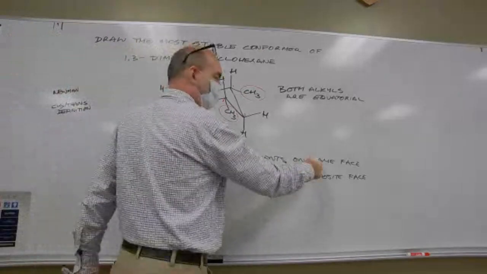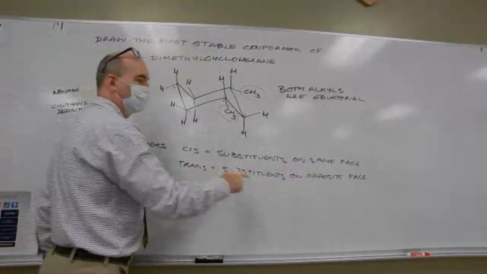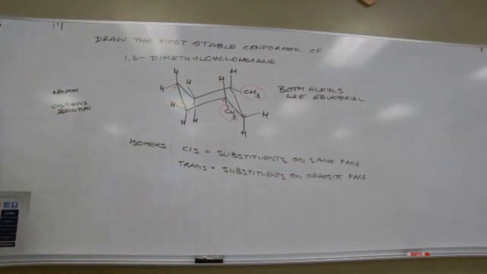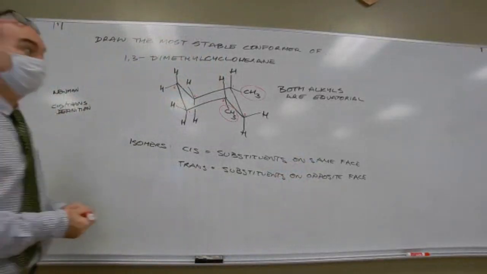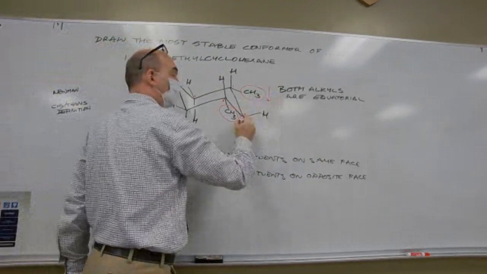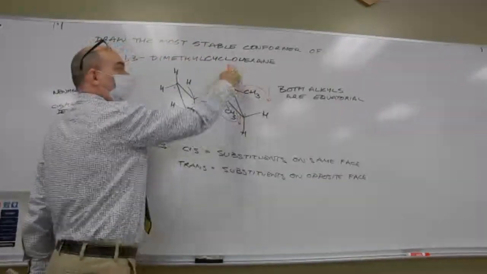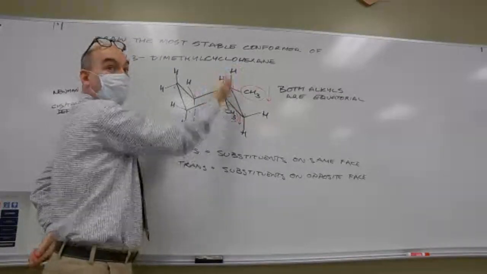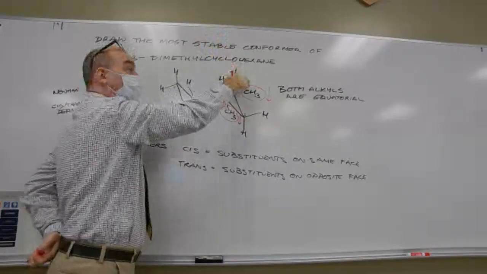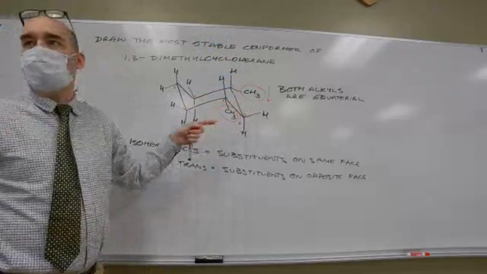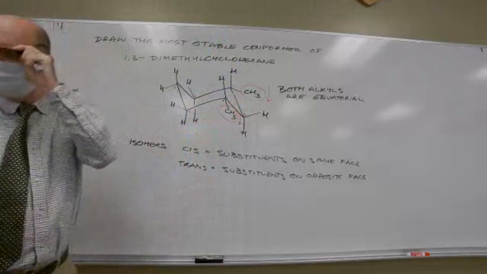Cis is for the same, trans is for the opposite. What have I got, cis or trans? This is cis because they're both pointing down. Those are my axial hydrogens, which are obvious to see that they're definitely pointing up on carbon 1 and carbon 3. That means that the equatorials have to be pointing down a little bit.